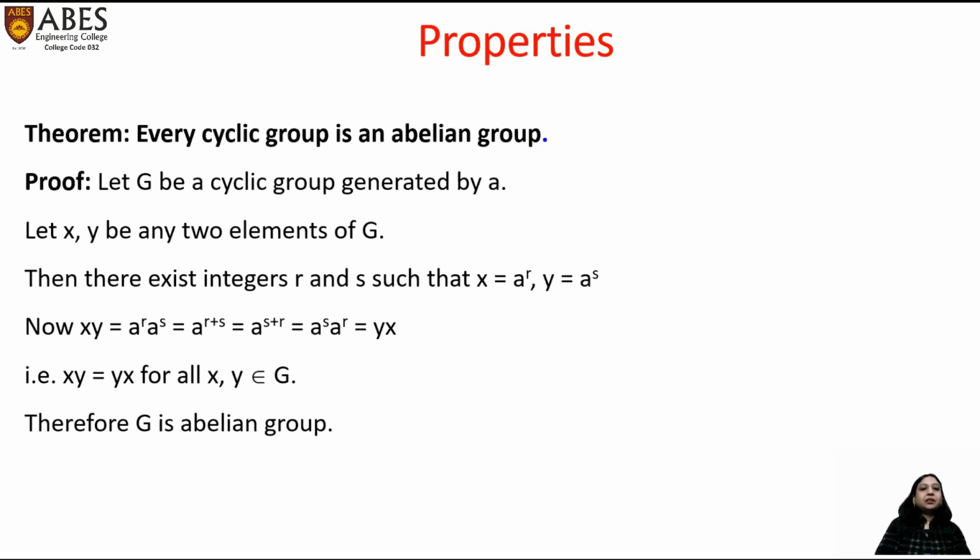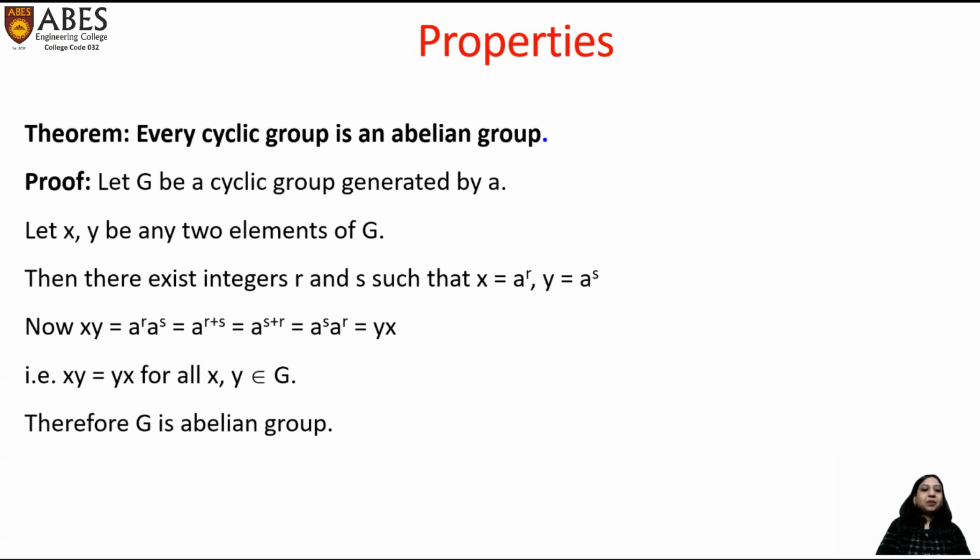For example, every cyclic group is an abelian group. In this, we take G to be a cyclic group generated by A, and we take x and y to be two elements of G. Then there exist integers r and s such that we can represent x and y as powers, that is A raised to the power r and A raised to the power s. Now, as per commutativity, x into y will be equal to A raised to the power r times A raised to the power s.